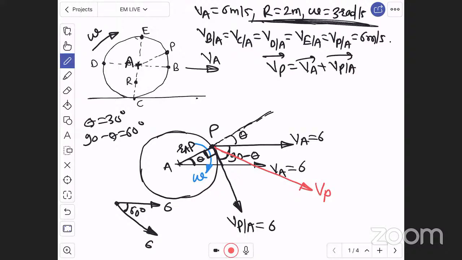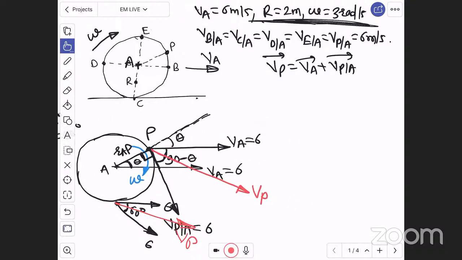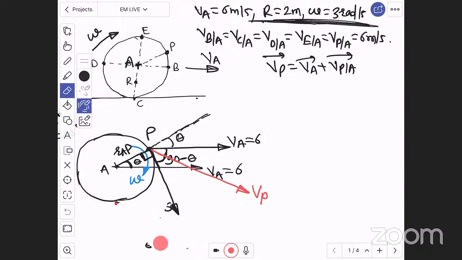Angle between velocity of A and velocity of P with respect to A will be 60 degree, because theta is given 30 degree, and the resultant of them will be the line in between them. That is velocity of P. Now we have to add them with the help of law of parallelogram.